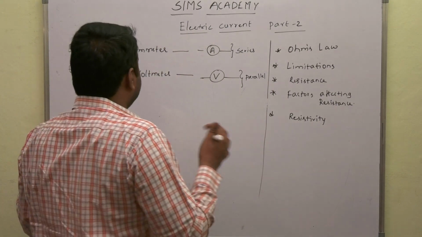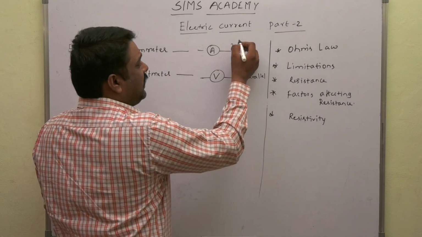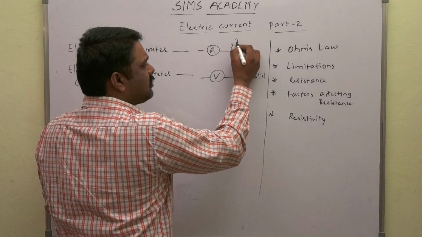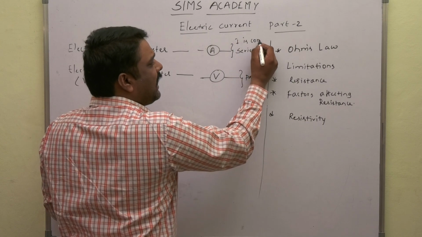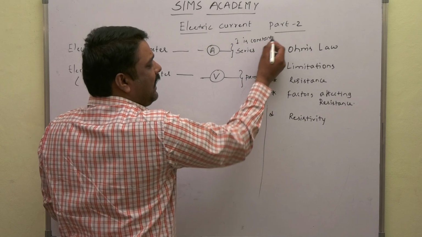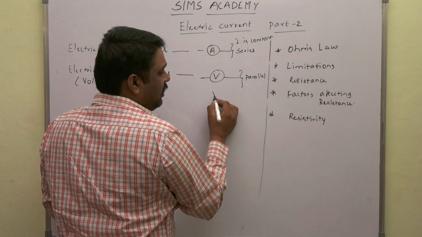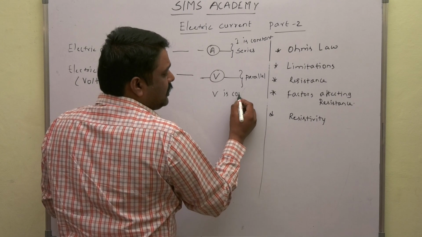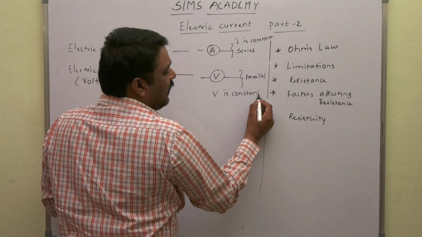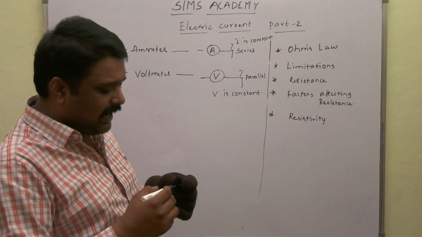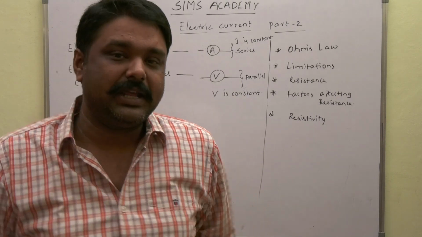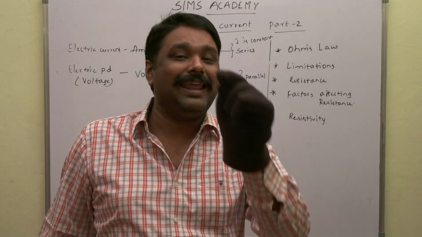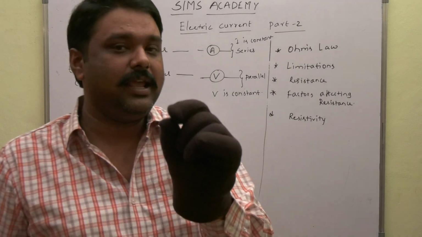Why? Because in series combination, current I remains constant, and in parallel combination, V is constant. Hence we always connect the ammeter in series in a circuit and the voltmeter in parallel to the given electric consumer.